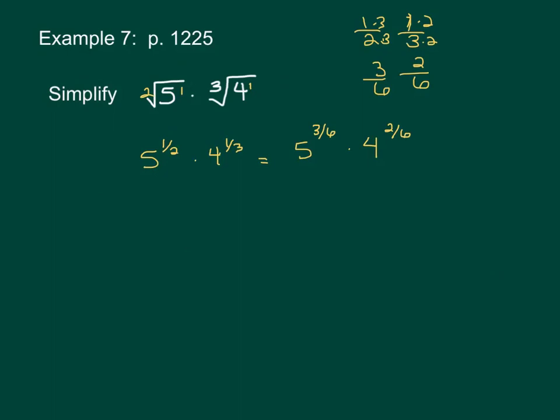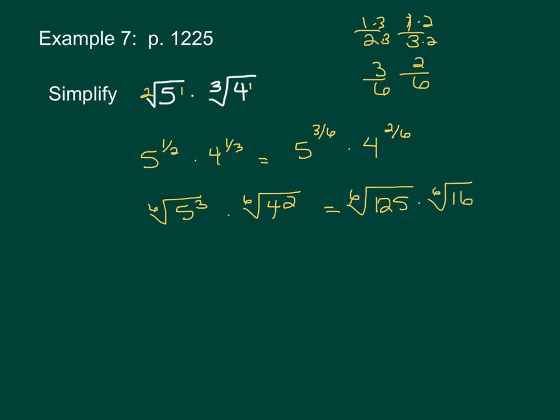So the denominator is my index, so that's the 6th root of 5 cubed times the 6th root of 4 squared. Okay, so 5 cubed is 125, and 4 squared is 16.